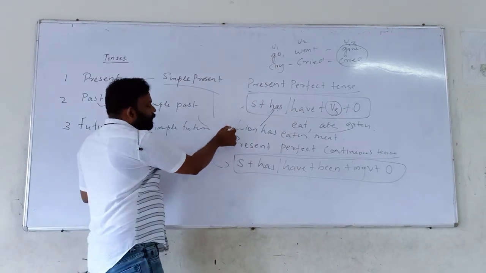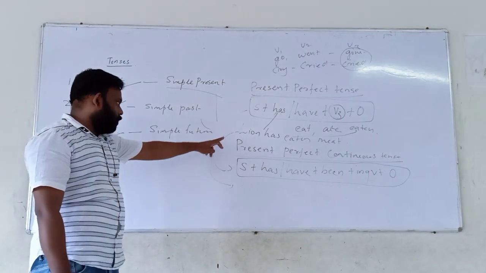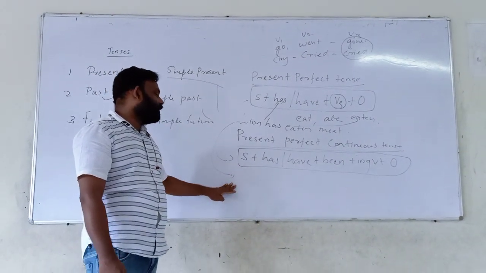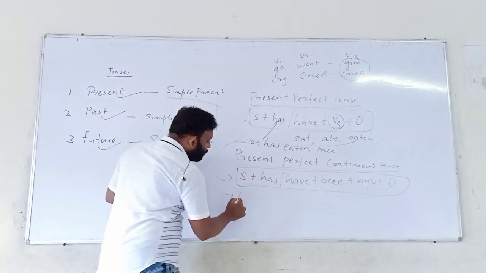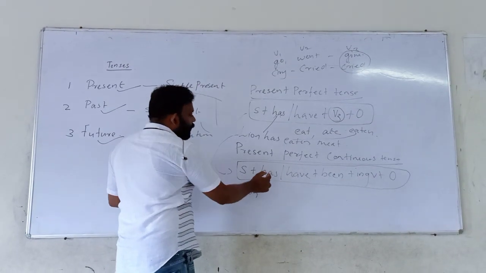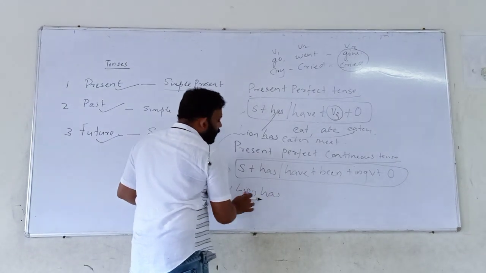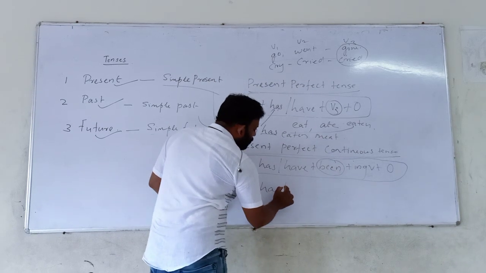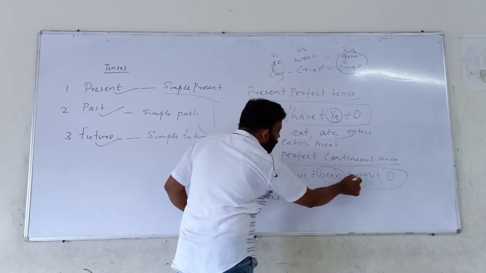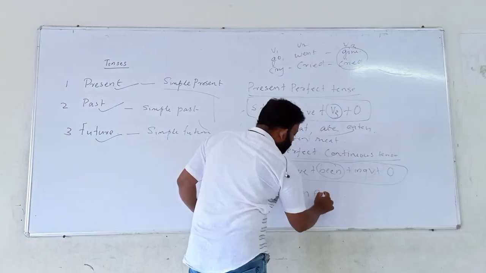Now here, the sentence which we wrote in the present perfect tense, we will convert into present perfect continuous tense. We know the subject is lion, then has or have. We already used has here, so the has will continue. Lion has, then been, so we should repeat been here. Then the ing verb. We know the ing verb of eaten is eating.